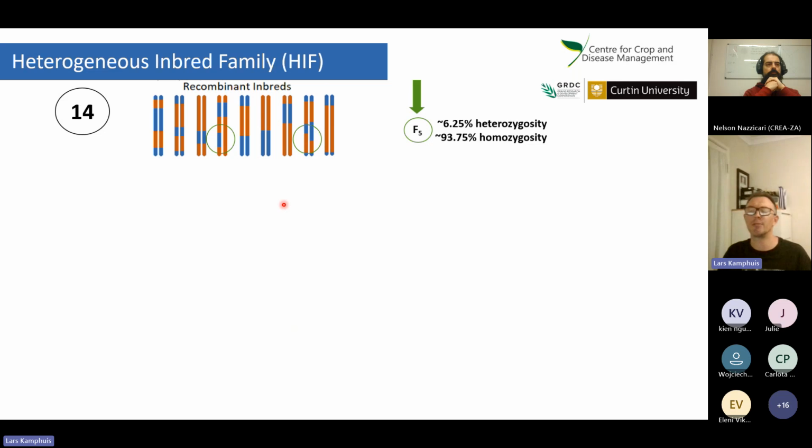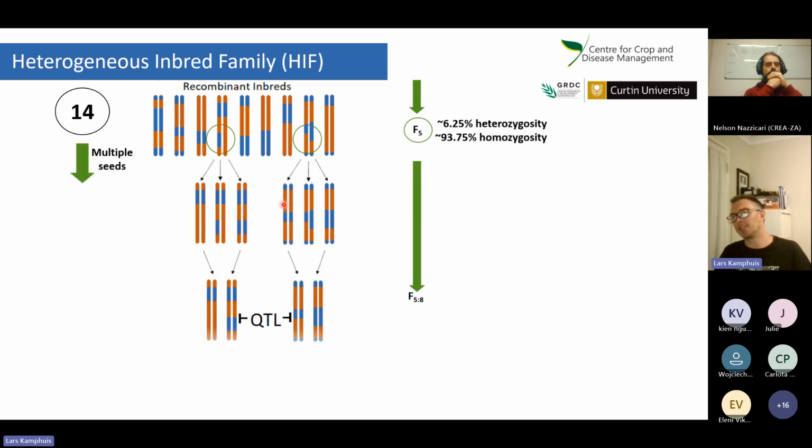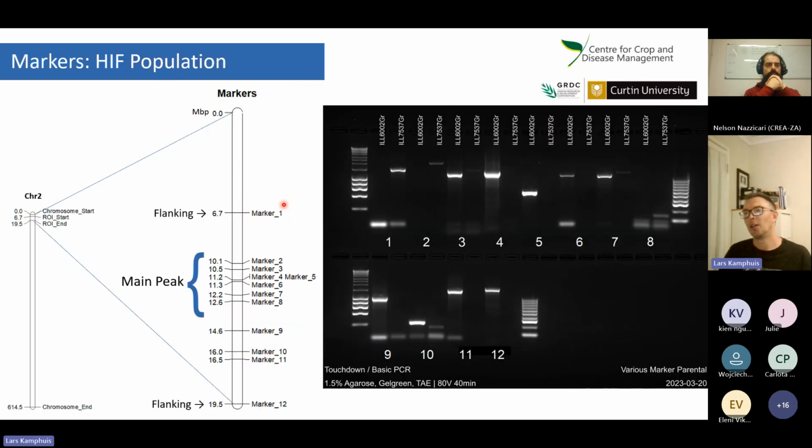So in the case of the 75-37 population, there were 14 F5 individuals that were still heterozygous in that region of interest. We then started multiplying that seed, and that gives you then novel mosaics of recombination within that heterozygous site, and we obtained 160 individuals.